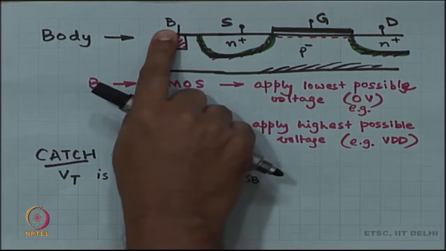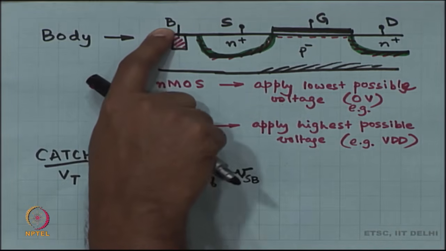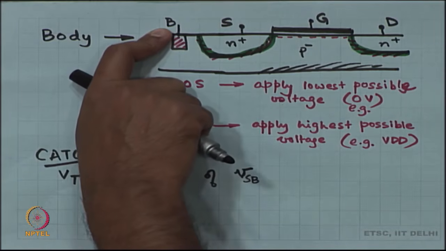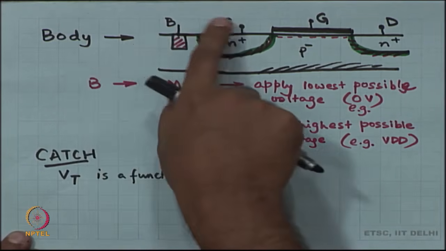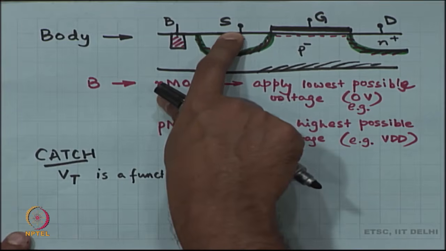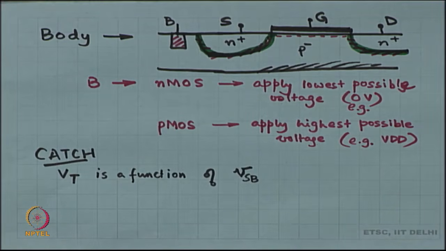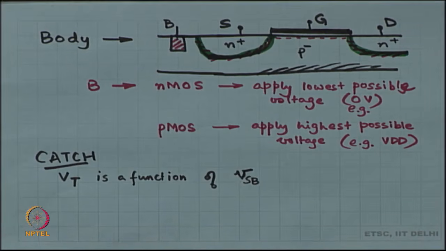Now, once we have done this, the body voltage is constant. So, incrementally the body voltage is not changing, but body to source voltage could be changing if the source voltage is not fixed. If the source voltage is constant, then Vbs is not changing at all, because body is not changing, source is not changing.